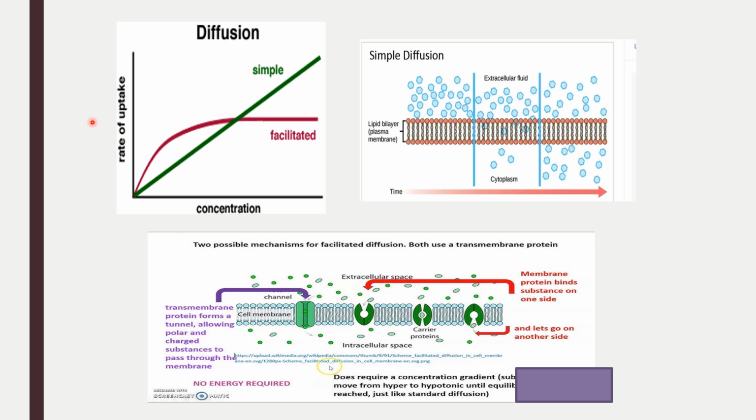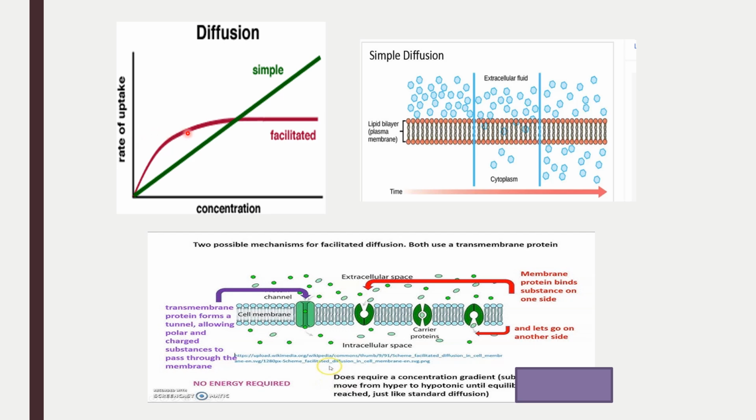At that time, a further increase in concentration on one side of the membrane will not enhance the rate of diffusion. So it will come to a saturated phase. This saturation kinetics is the specialty of facilitated diffusion.